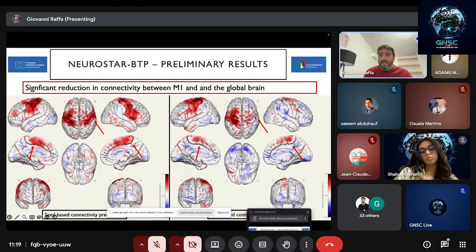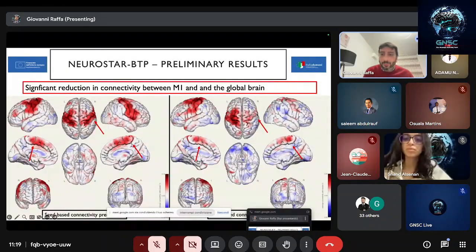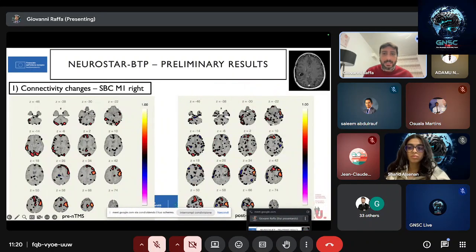Consider that the functional MRI images are inverted as compared to standard MRI, so you will have right here and left here. You can see the right motor cortex is less connected to the rest of the brain. This is a case of a patient that is close to the motor tract.